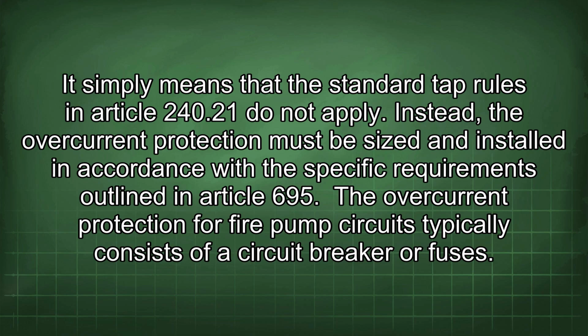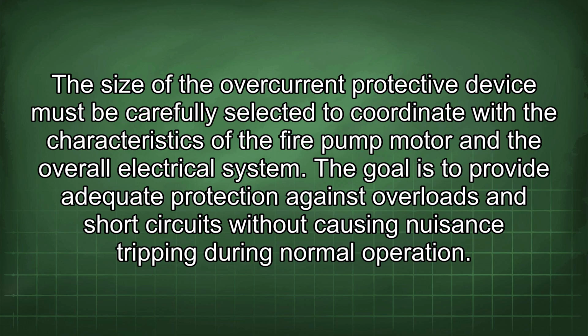The overcurrent protection for fire pump circuits typically consists of a circuit breaker or fuses. The size of the overcurrent protective device must be carefully selected to coordinate with the characteristics of the fire pump motor and the overall electrical system. The goal is to provide adequate protection against overloads and short circuits without causing nuisance tripping during normal operation.